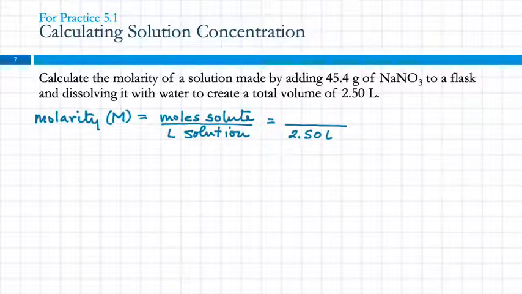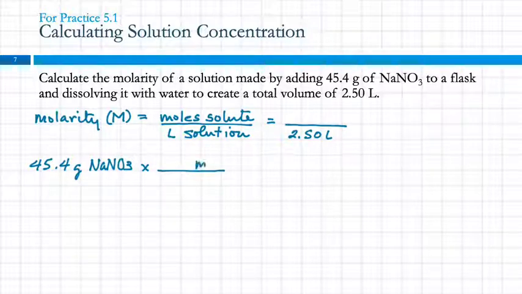And now I need to figure out how many moles of sodium nitrate we have. Well, we've got 45.4 grams of sodium nitrate. Can we convert grams to moles? Yeah, we can.